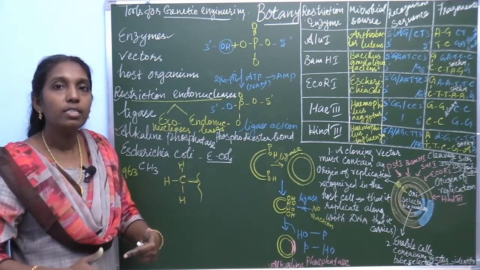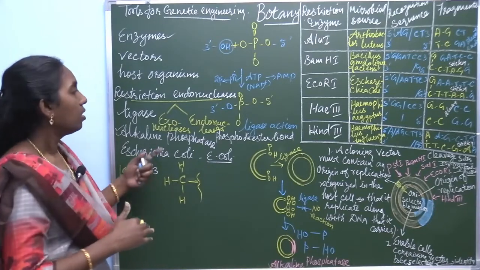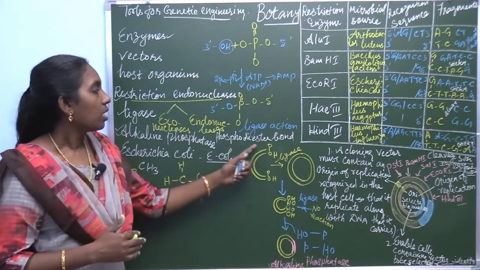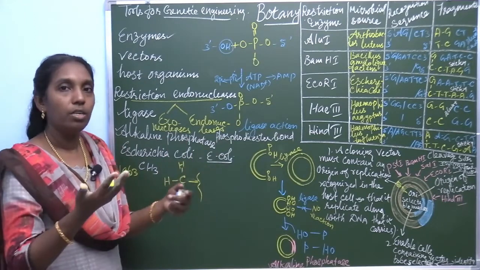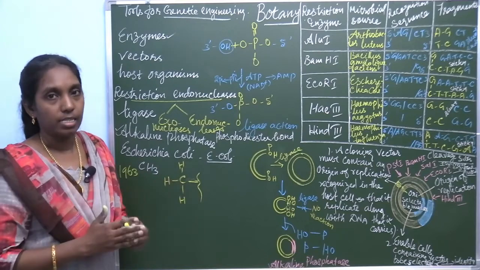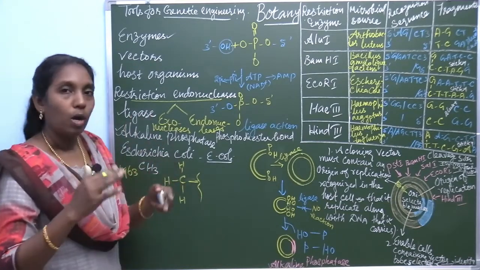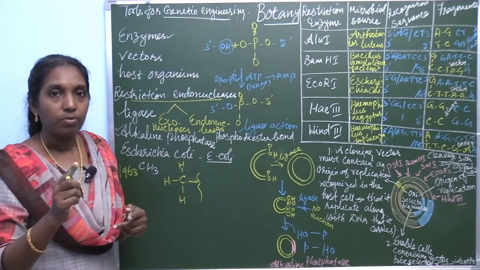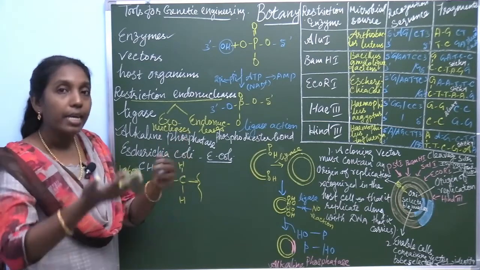Endonucleases cut inside the DNA sequence, internally, in the phosphodiester bond. Endo means inside, so within the nucleotide sequences it cuts. So there are two kinds of restriction enzymes. One cuts at the outside, at either end of the sequence, that is exonucleases.